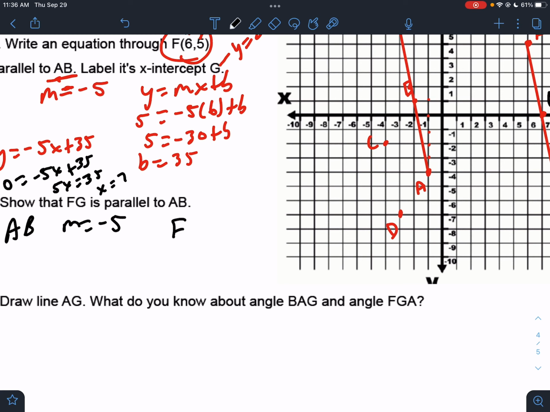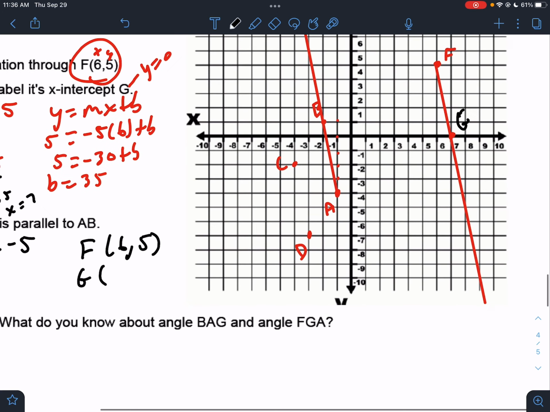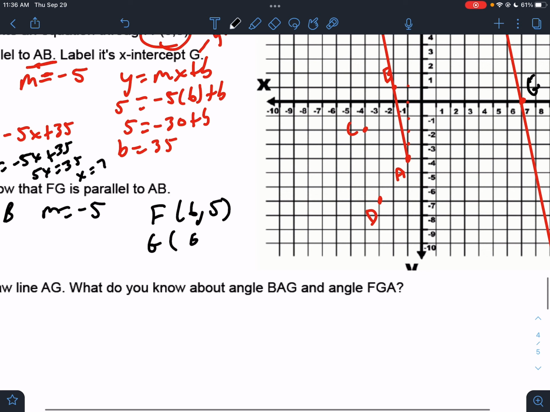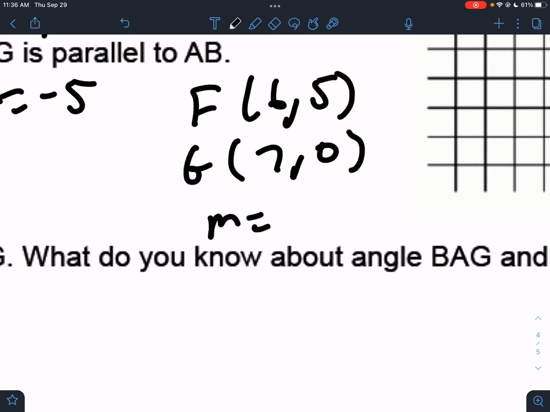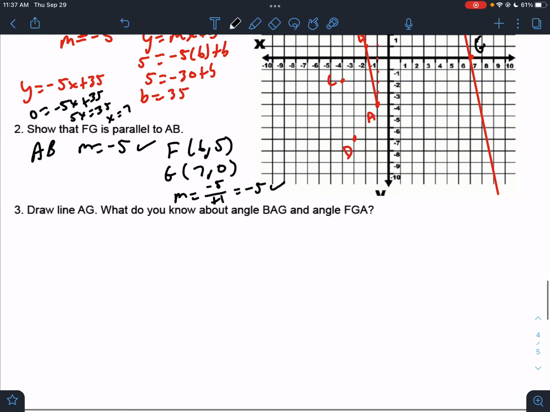So we have F at 6, 5. We have G at 7, 0. So let's do that real quick. The slope here would be 5 to 0, that's minus 5. 6 to 7, that's plus 1. That's a slope of negative 5. Now we've showed it.